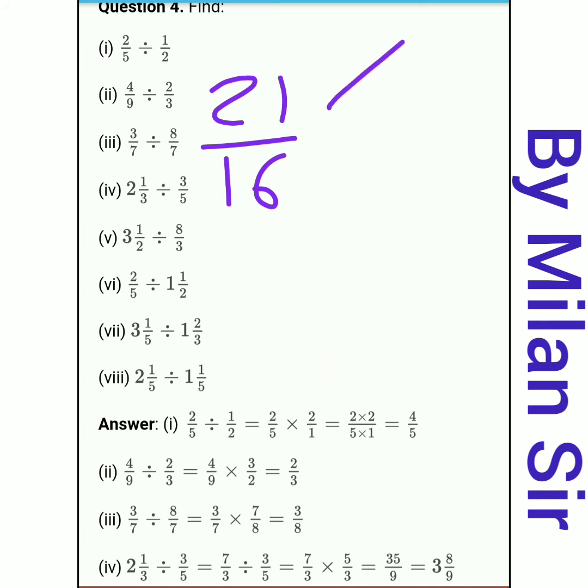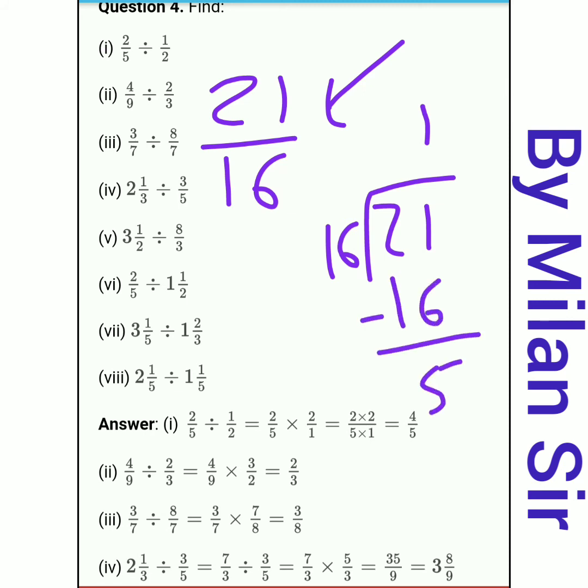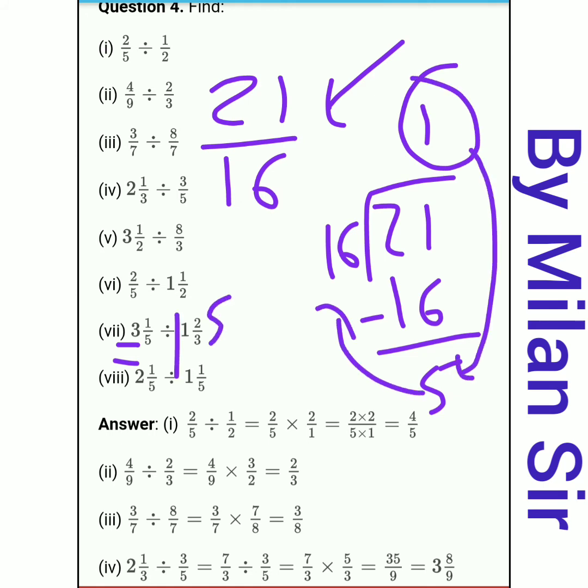Now this is an improper fraction, right? Because the numerator is greater than the denominator. So here we can convert it into a mixed fraction. 21 divided by 16: 16 ones are 16, remainder 5. So our answer is 1 integer, remainder 5 divided by 16. 1 integer 5 divided by 16. Okay, this is our final answer.